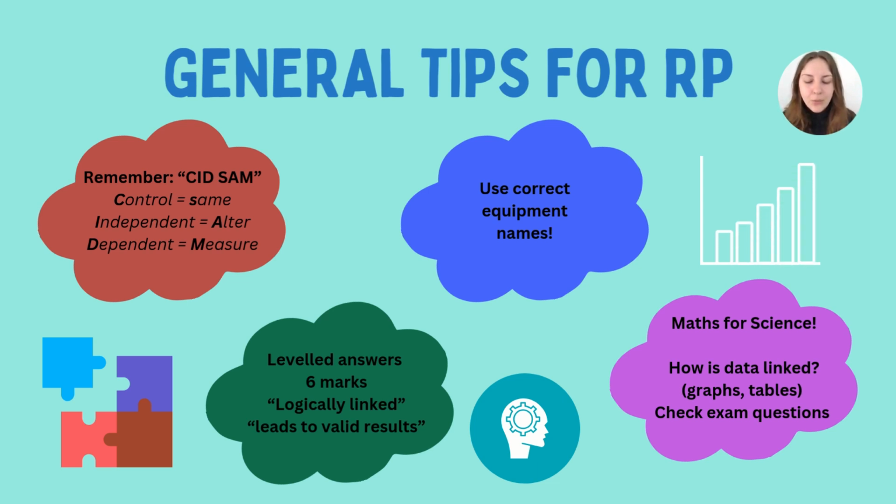The way I mention this to my students is I'll say, I want you to write a method, but I want you to imagine you're giving this method to someone in year 7. They'll be supervised, so they're safe, but they do need to be able to do this using your method only and actually get results that are correct or valid. Essentially, the method should work. It's like following a recipe. We've all been there. You may have made something like a cake at home.